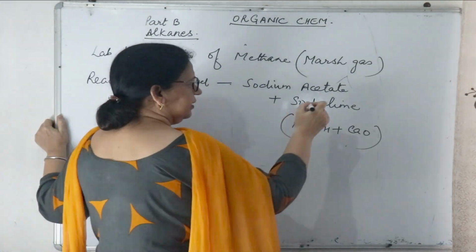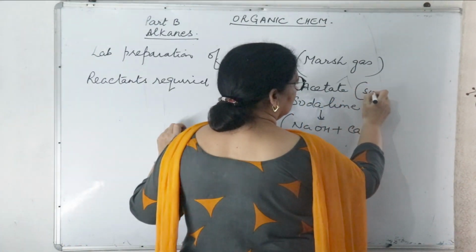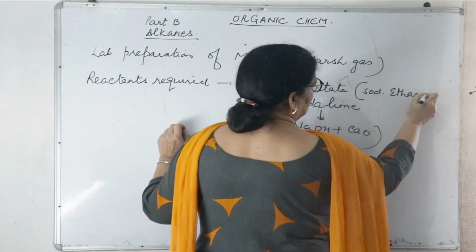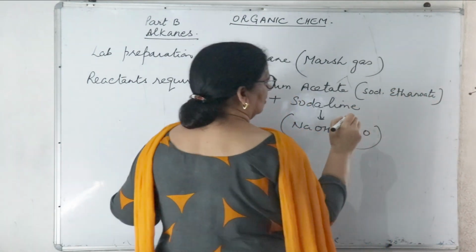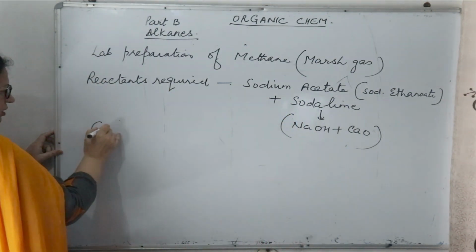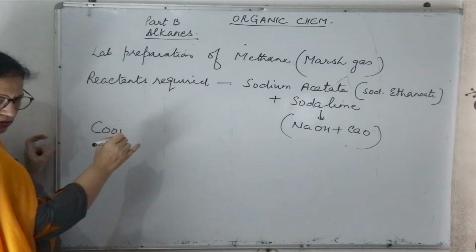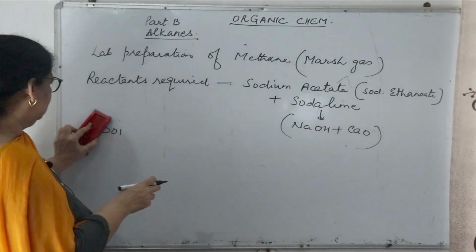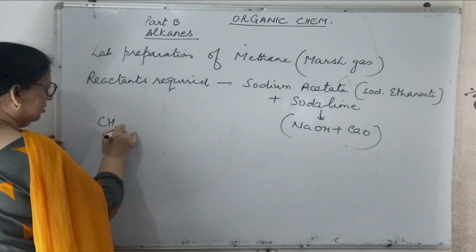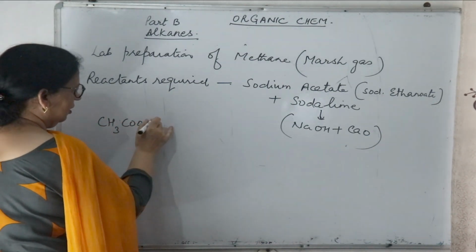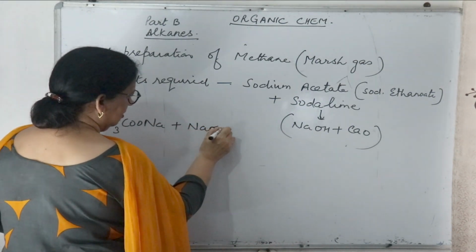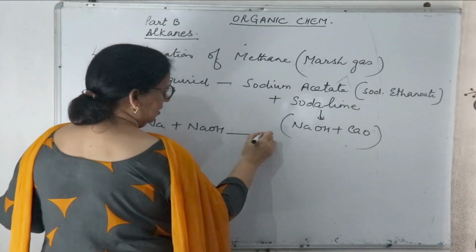Sodium acetate is also called sodium ethanoate. So what is sodium acetate? CH3COONa plus NaOH from the soda lime.